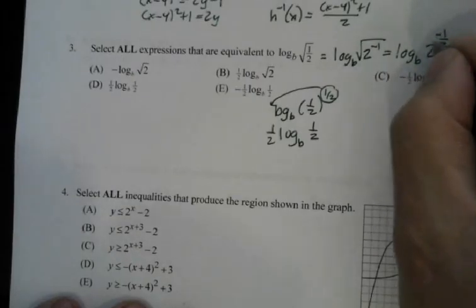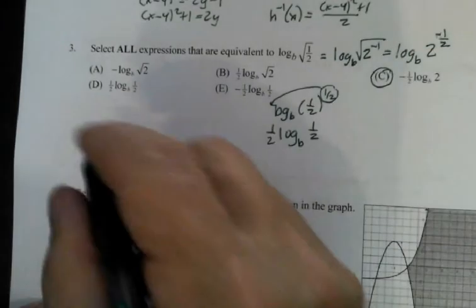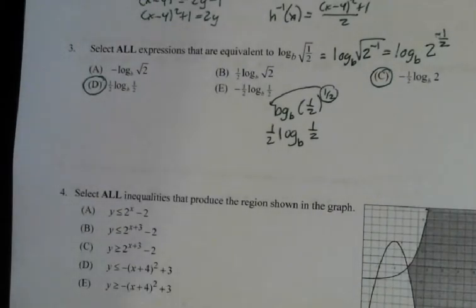Then I can move the negative 1/2 out in front, and that gives you this answer. So we're looking at ways to manipulate it. Now when you see something that says all expressions that are equivalent, you want to look for at least 2. Sometimes there may only be 1, but try to think mostly on 2s. Sometimes there could be even more.